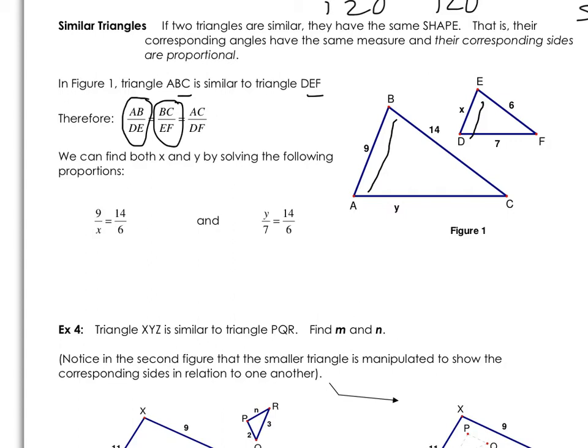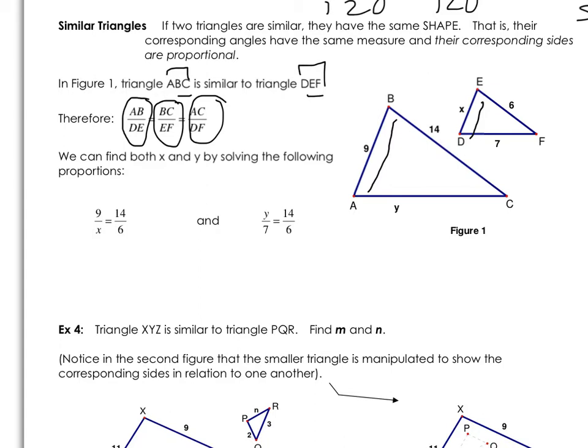And finally, AC is the first and the last letter. DF is the first and the last letter. You have to make sure that you go through the angles and the sides of the triangle in the same way.